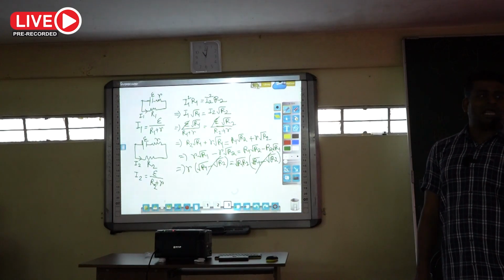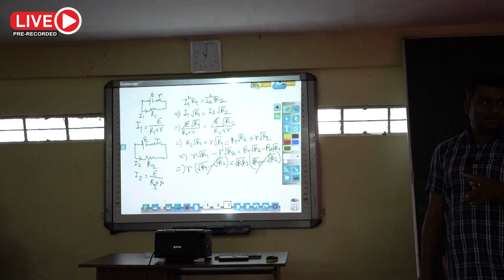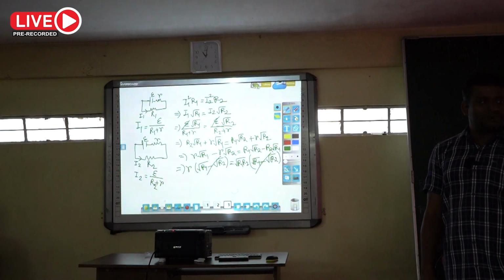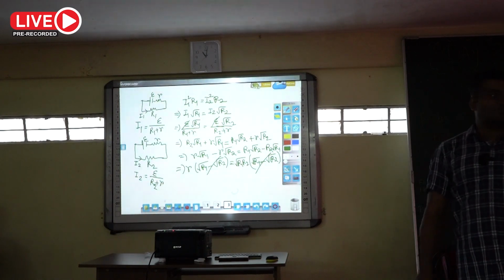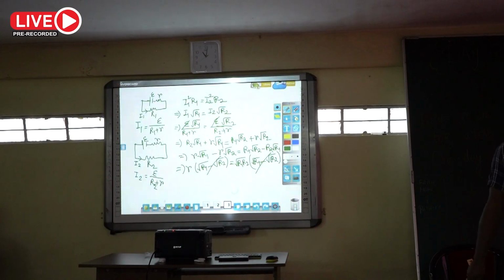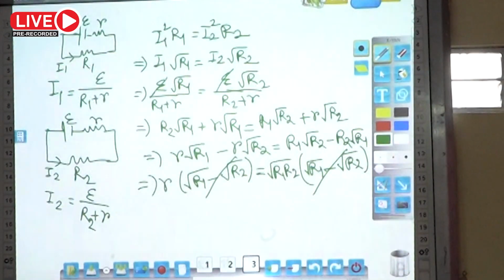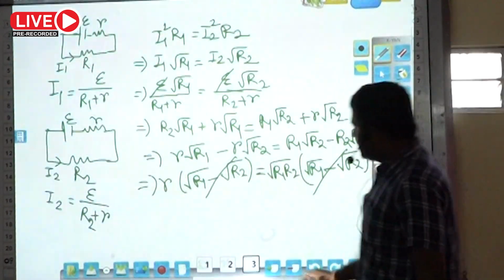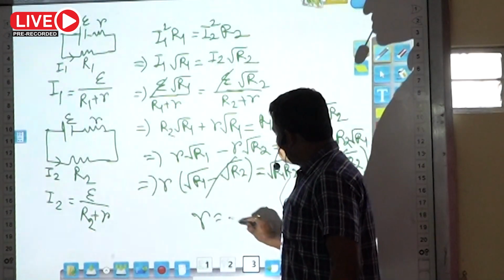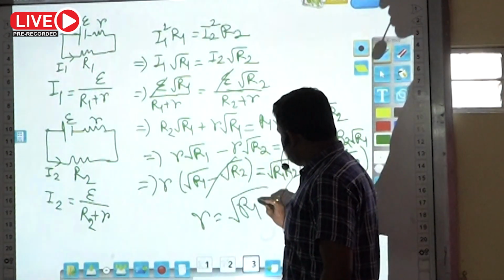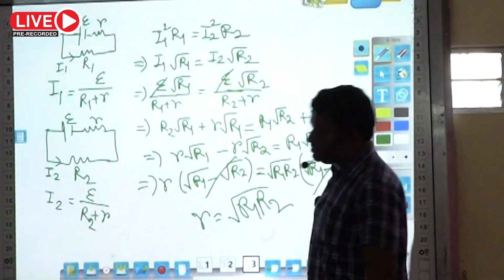Suppose it is given 3 and 27 or 9 and 81, these types of values, directly use this formula root R1 R2 to find it. It is actually the geometric mean of these two values R1 and R2. So the internal resistance of the cell will be just root over of R1 into R2.